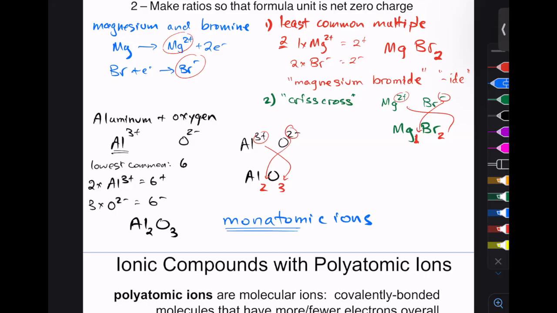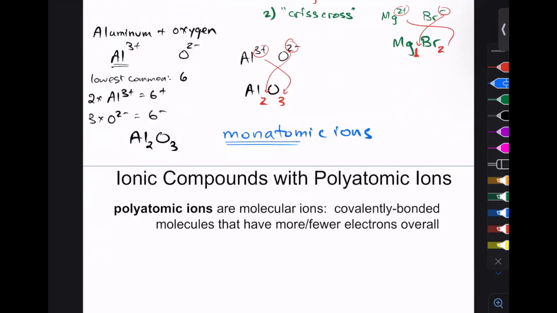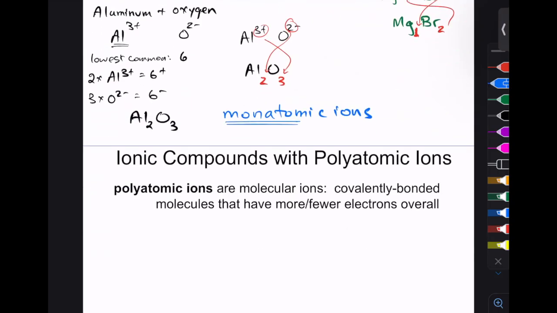You've been learning a little bit about polyatomic ions in lab. At least you've been using them in lab. So this will be your first of many times you're going to see a definition of polyatomic ions. They're no different from monatomic ions, except that they're from molecules, they're not from atoms. They're simply molecular ions. They're not atomic ions. We'll have a molecule of something.